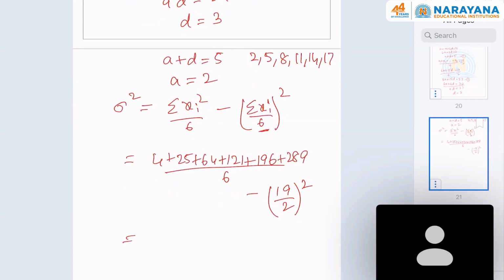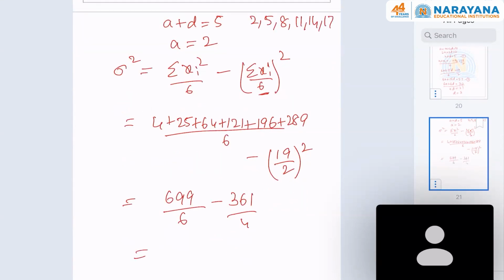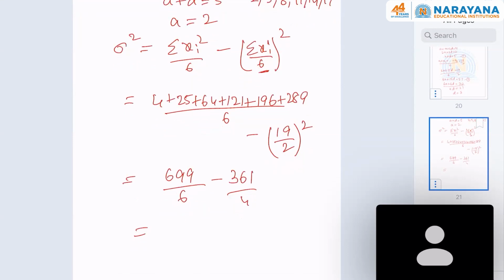Here I have to add all these terms: 25 plus 4, 29, plus 64, 93, and so on. So here the sum is equal to 699 by 6 minus 361 by 4. So I'm taking the LCM here. We have to simplify this. This is sigma square: 699 by 6 minus 361 by 4.